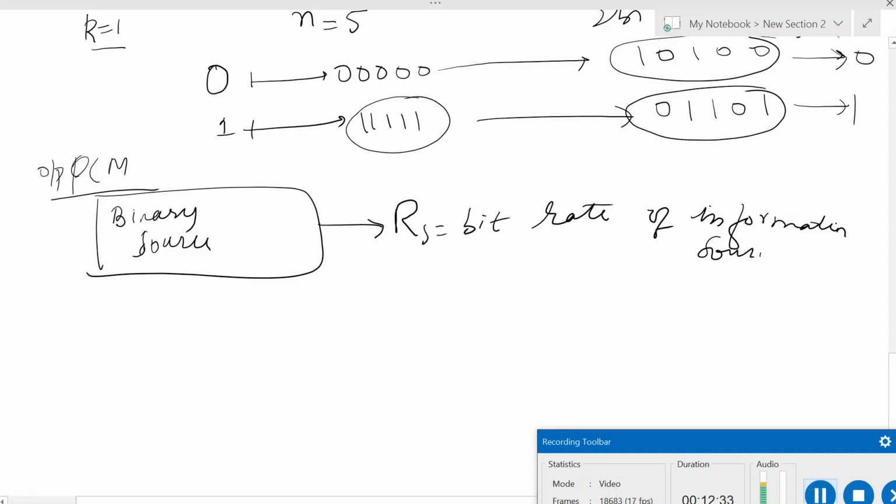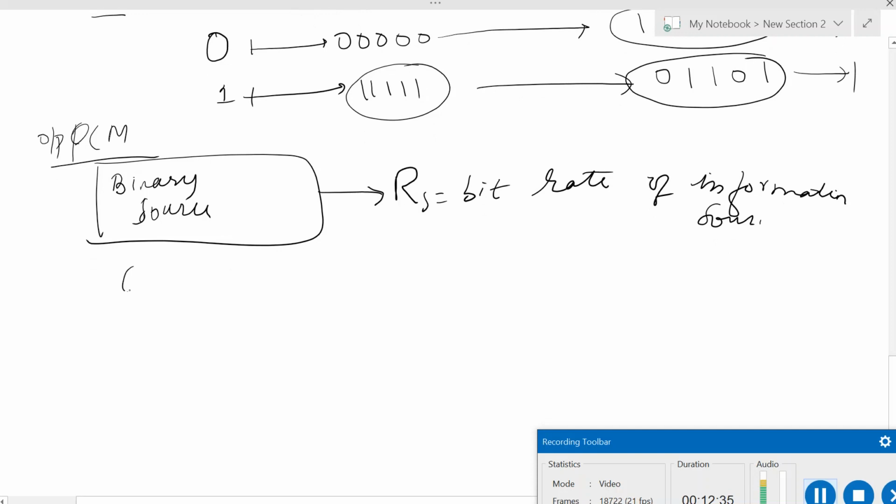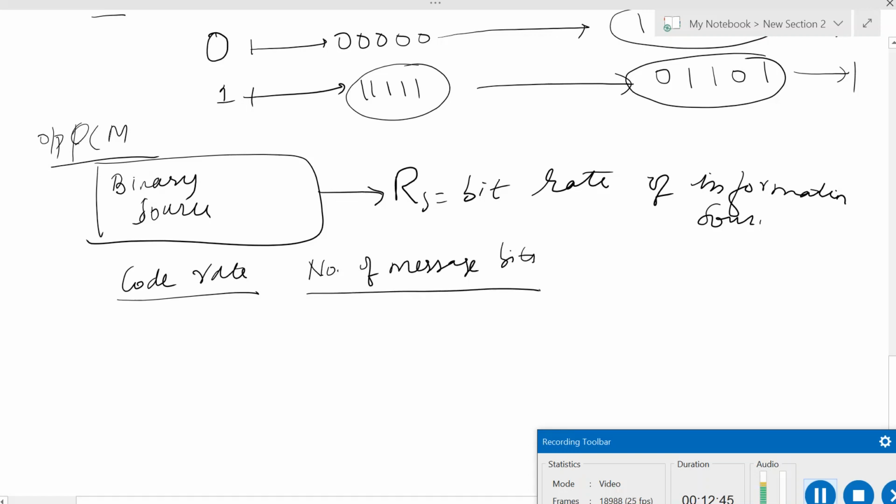But there is another rate which is called the code rate. Code rate is the number of message bits divided by the number of encoded bits, which is k by n.